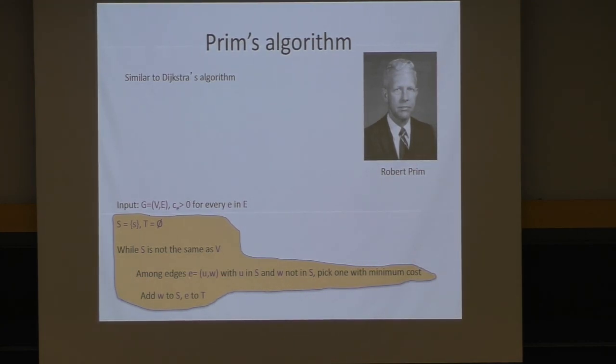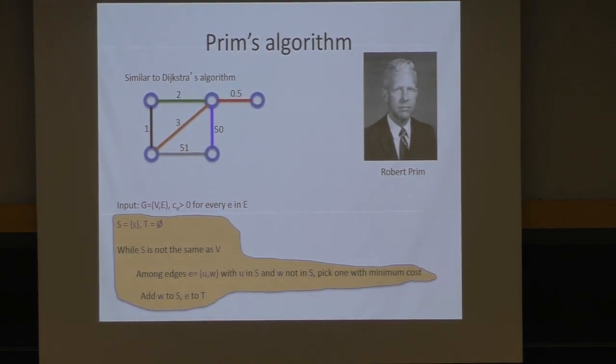So if this edge E was the minimum cost edge, then you add E to this set of edges that you're building, and you also add W. So the idea is, like in Dijkstra, when you figured out the next guy W, you add it into your set. Okay, so you had the set S, you pick the minimum cost crossing edge, and you put the other endpoint inside of this. Okay, and you keep on doing this.